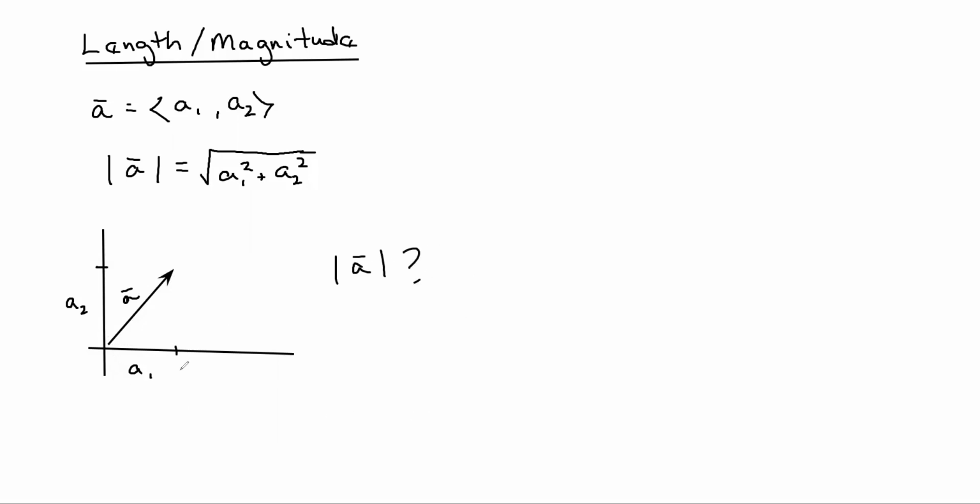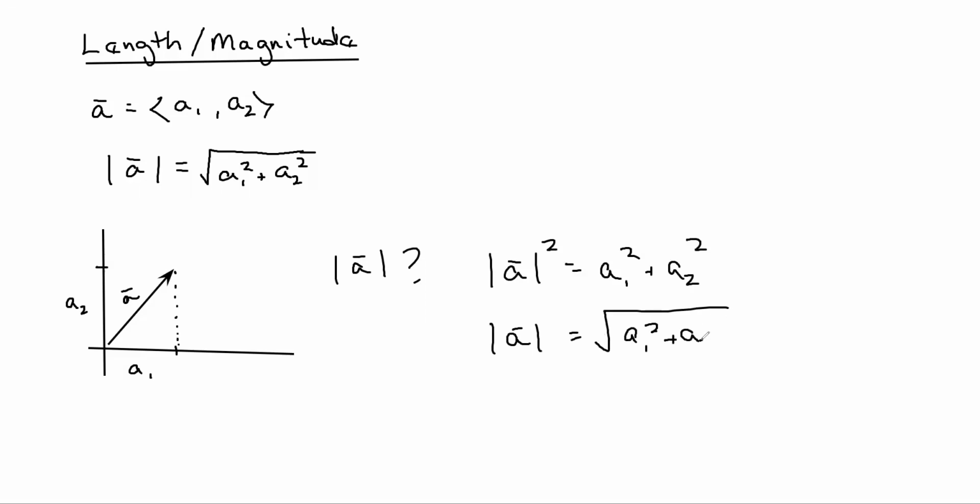Well, if you know this is A1 and this is A2, we could just create a right triangle and use the Pythagorean theorem, that says that the length of the hypotenuse squared is going to be the length of the legs squared, A1 squared plus A2 squared. So you'd get the length of A squared would equal A1 squared plus A2 squared, and so the length of A equals the square root of A1 squared plus A2 squared. Okay, so the length / magnitude definition just comes right out of the Pythagorean theorem.